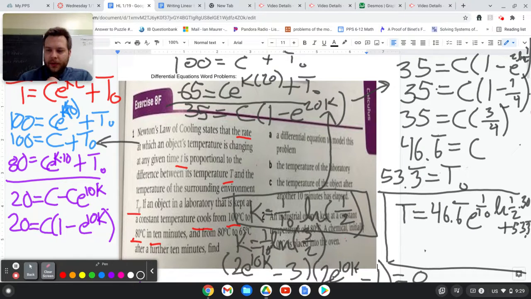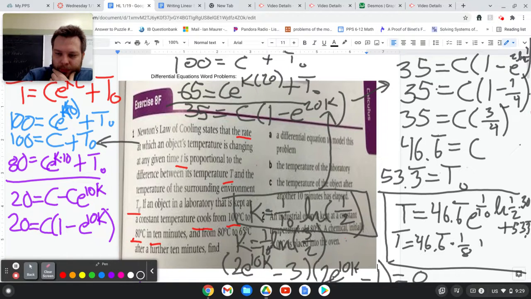Okay, and if you go through all of that, you will have 46.6 repeating times 1/8 plus 53.3 repeating. Almost there.